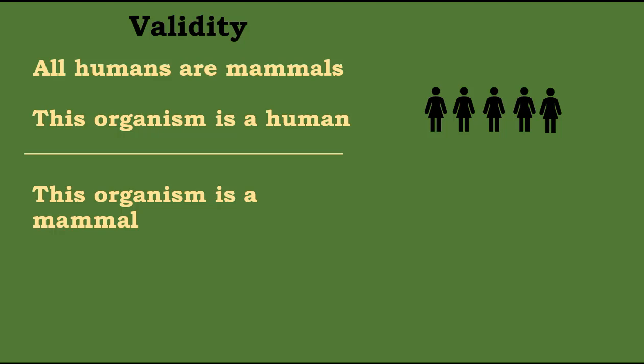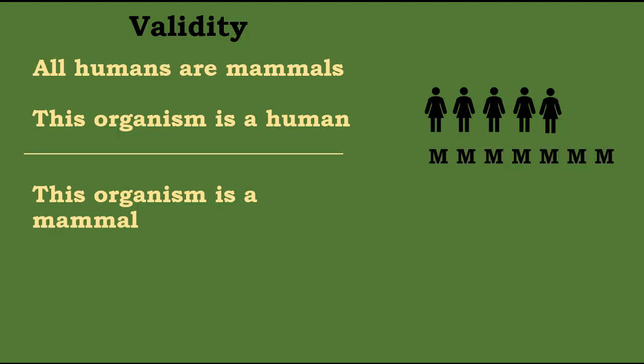So here the first premise is: all humans are mammals. So we've got in this scheme some humans. So this represents all humans. Let's say these are all the humans.